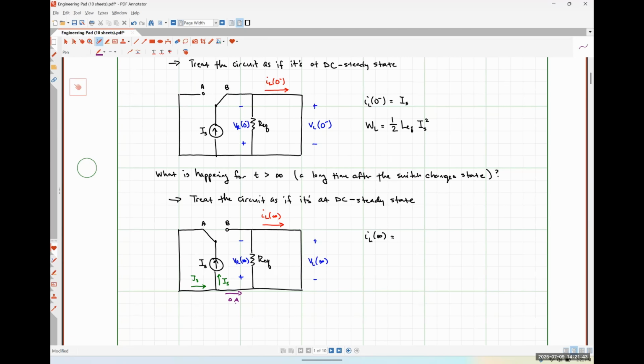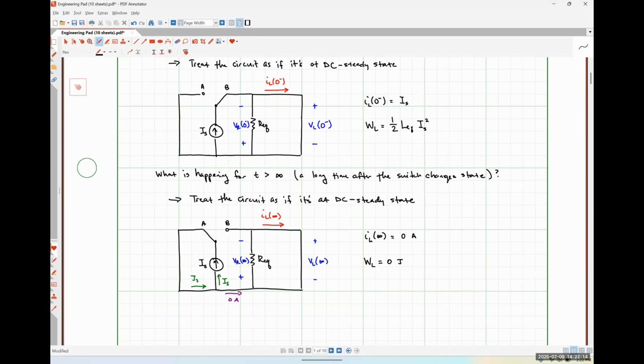So none of the current provided by our current source actually makes it to our network containing our resistor and our equivalent inductance. From that, we can say that IL at infinity is 0 amps, and the energy stored at this point in time is going to be 0 joules.